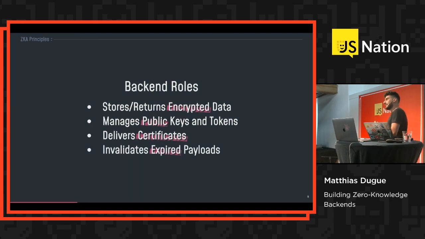So it will deliver and issue certificates, and it will maybe invalidate some payloads, because when you share some blobs of data with a third-party application or another user, you probably don't want to give it to him or her for any time, and you want to expire your blobs of data at some point, and this is the role of the backend.